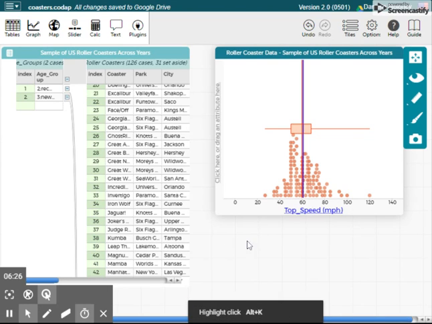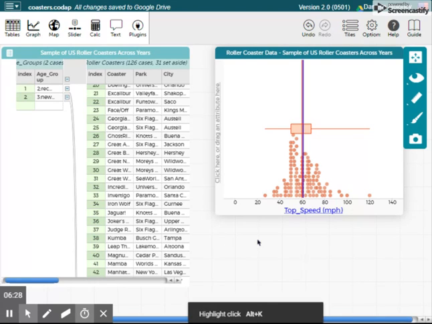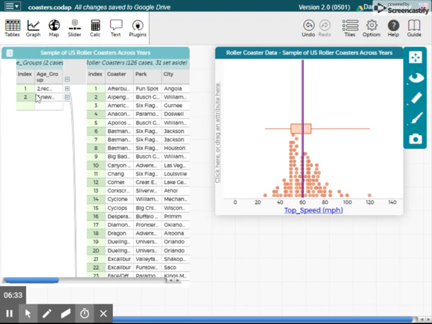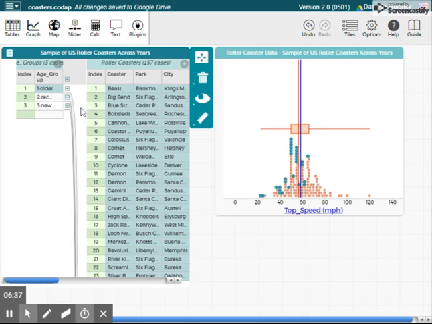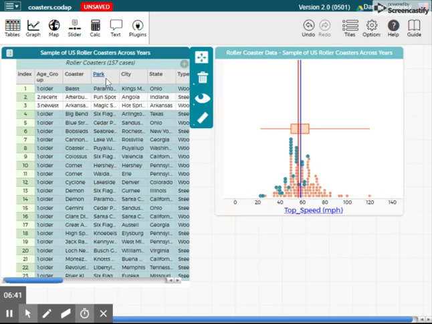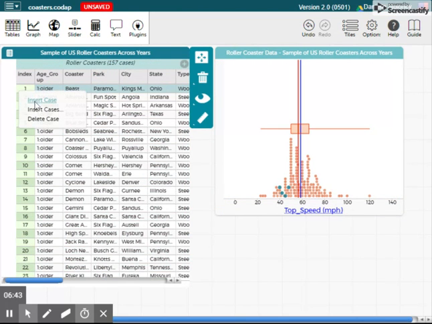The next part of this investigation asks us to add a new case in our data set. So I'm going to go back and restore all of the cases and add in a new coaster. I'm going to put this back within our data set and then add a new case.